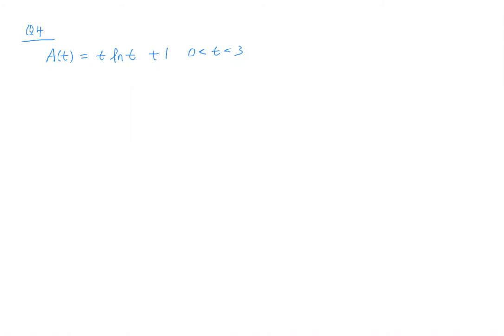Okay, after you key in the function, you go to window. So the steps have to be followed. Go to the window, X minimum, zero, X maximum, 3, because of this domain.